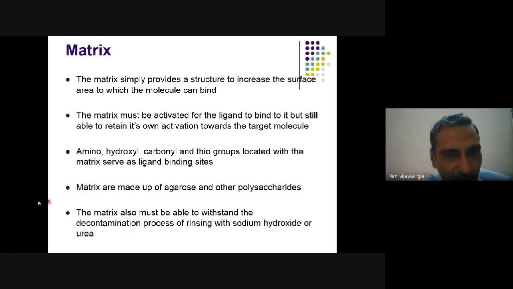Another property of the matrix is that it should be reusable. Once your purification is done, you can wash the matrix with sodium hydroxide or urea to remove any clogged or precipitated proteins from the column, and then it should be ready to be used again. The matrix should be reusable, otherwise it will become very expensive.